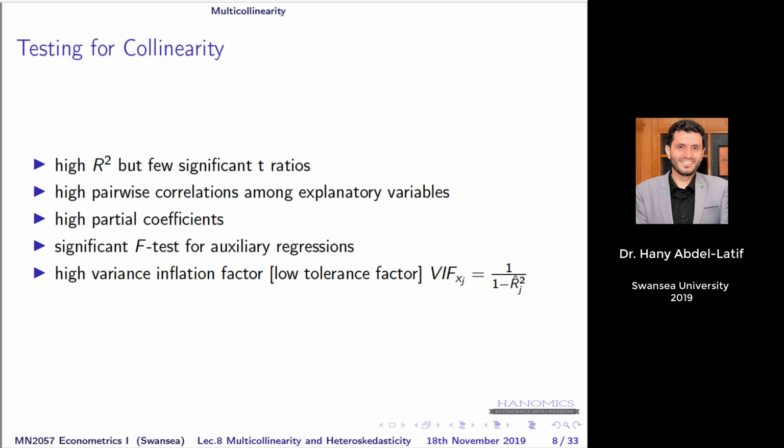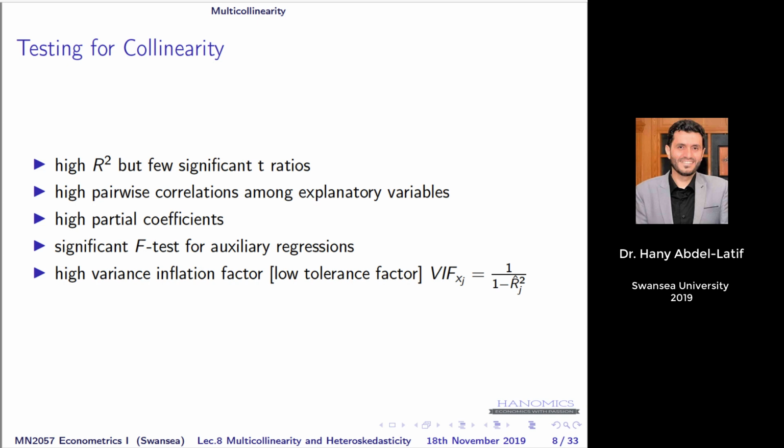So the first sign, as I said, or the first symptom you could have, is a high R square but very few significant t ratios, or t statistics. You could also use the correlation matrix. So you could produce the correlation matrix between your variables, your x's, and then see how much they are correlated. Okay? So just look at the correlation coefficient between each pair of your variables.